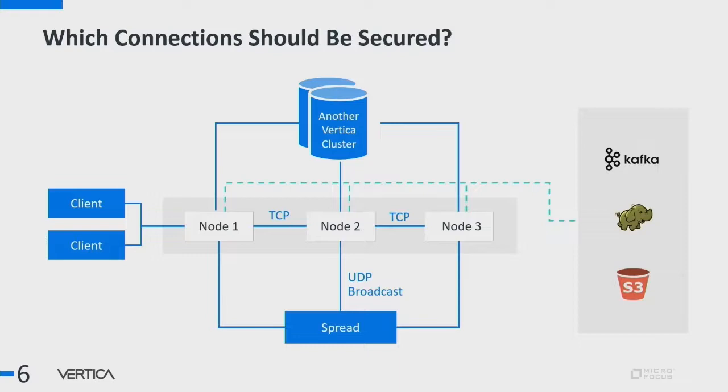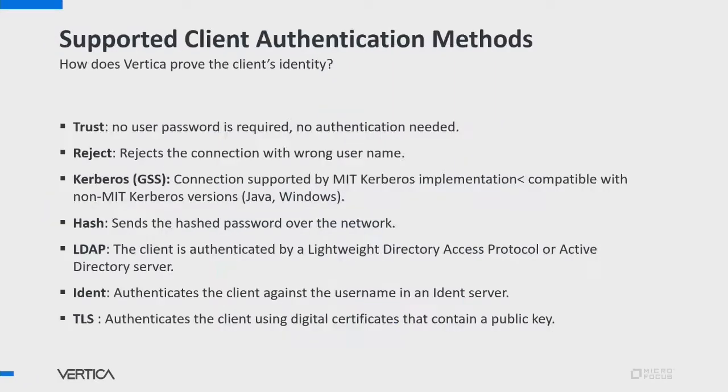And finally, the external services integrated with Vertica can exchange data with Vertica. For instance, Vertica can query the Parquet data stored in HDFS cluster or in S3 bucket, or it can digest data continuously from a Kafka topic, etc. Obviously, all the data movements should be secure so that no one can intercept the data stream and read it. Not to lose the forest behind the trees, I have listed the supported client authentication methods on this slide.